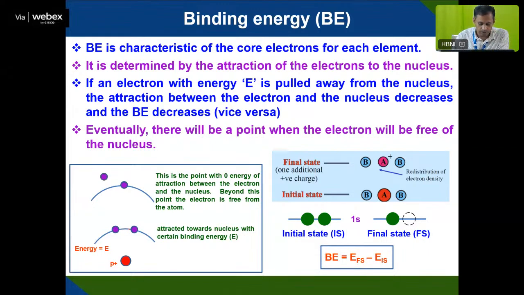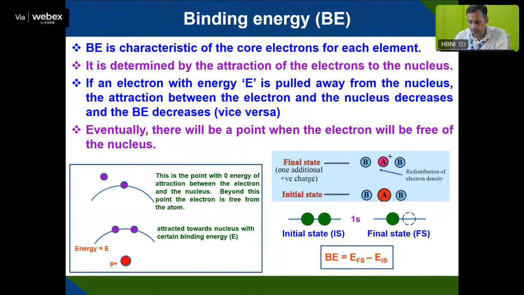At the point of zero energy, there is no attraction between the electron and the nucleus. Beyond this point, the electron is free from the atom. Only the core electrons are attracted towards the nucleus and have particular binding energy information. Eventually there is a point where the electron becomes free from the nucleus.